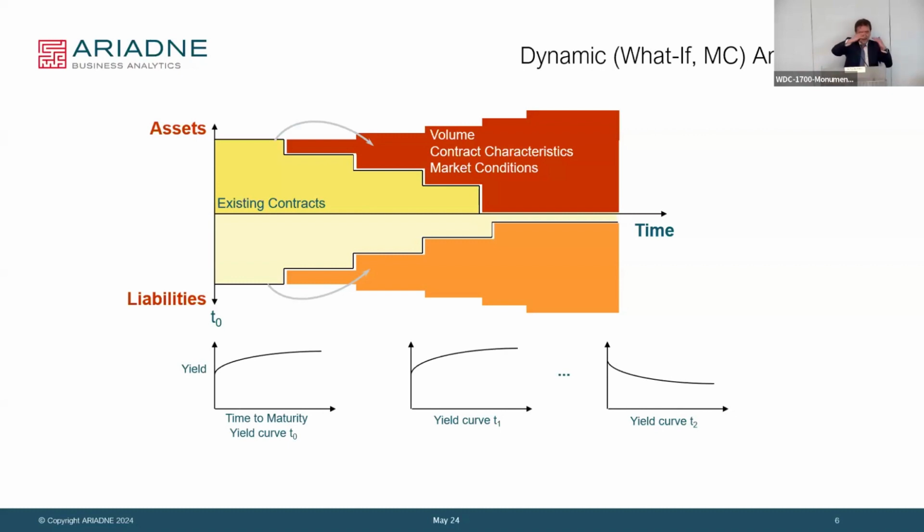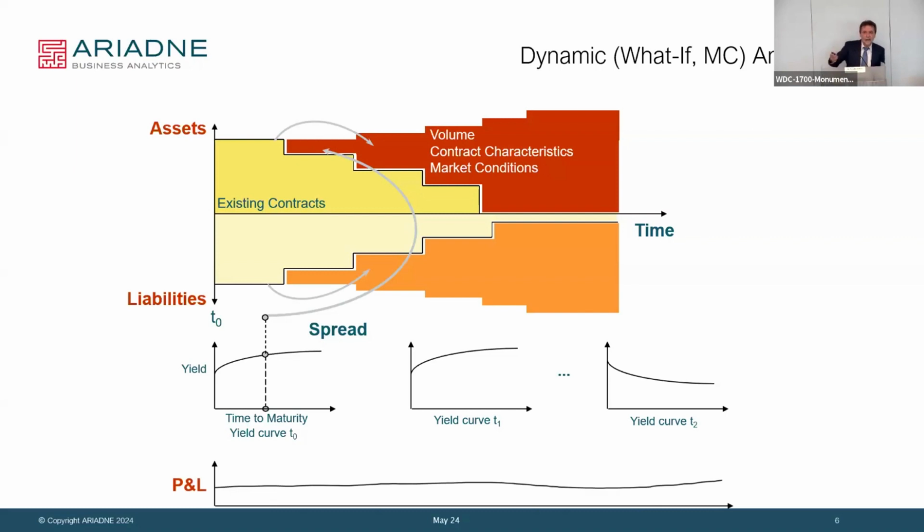Before, we just shifted them around instantaneously. So now we forecast them over time, and we have to create a link between the contracts which we create and the market conditions, which is a spread here, which goes also into the contract because that will determine the income and also the cash flows of the future.